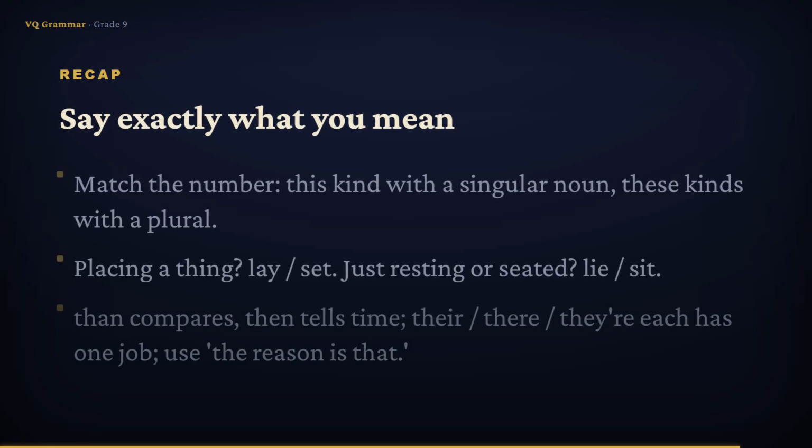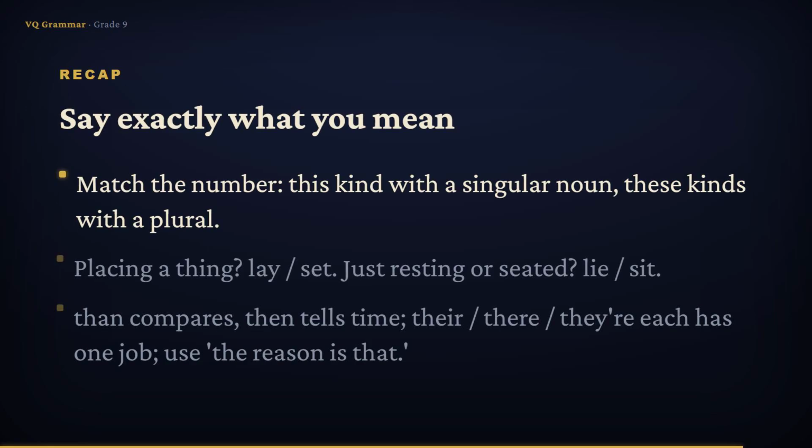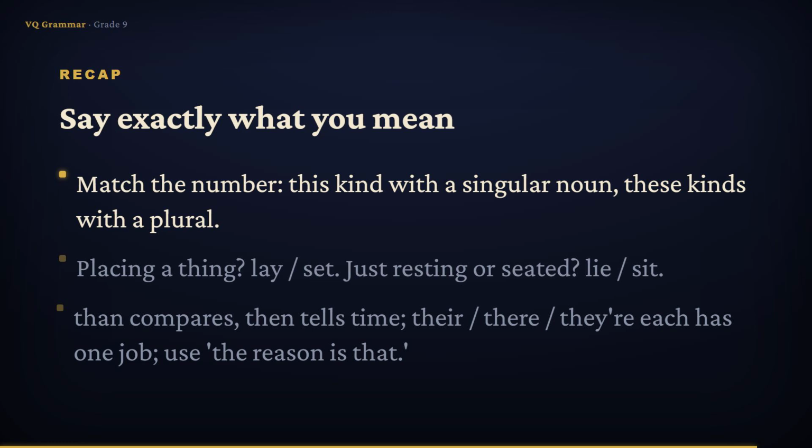Let's gather up what we learned. First, match the number. This kind goes with a singular noun, these kinds with a plural, and steer clear of these kind. Second, lean on the object test. If a thing is being placed, it's lay or set. If someone is just resting or seated, it's lie or sit.